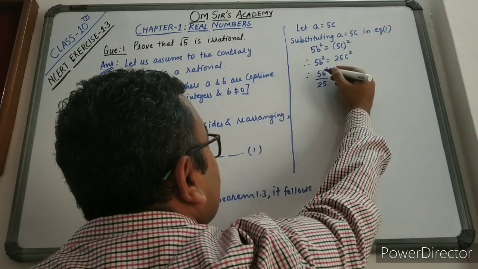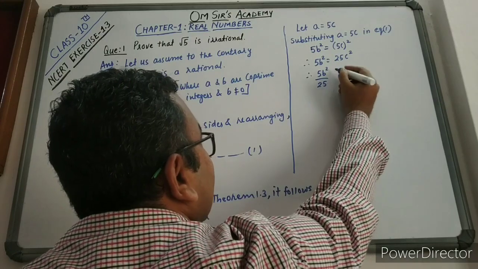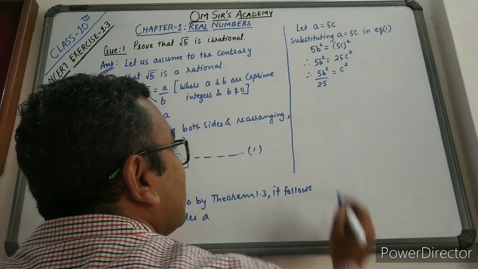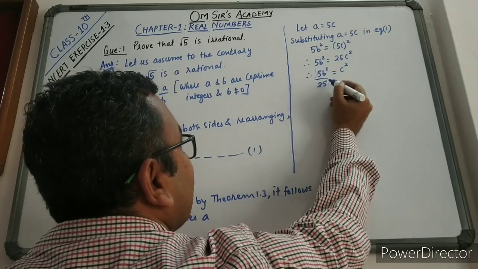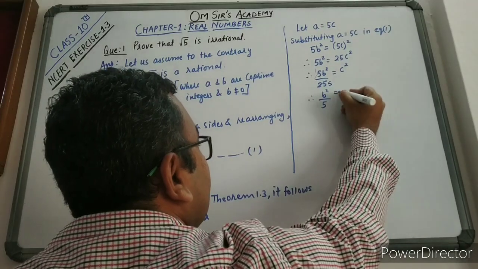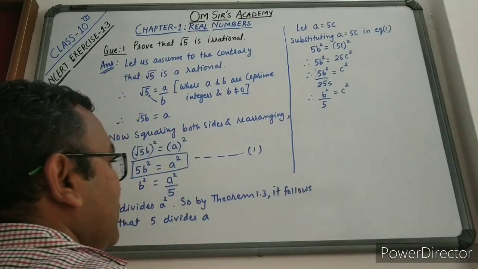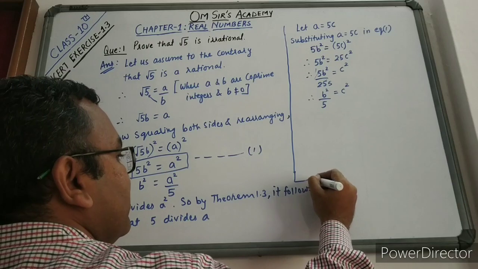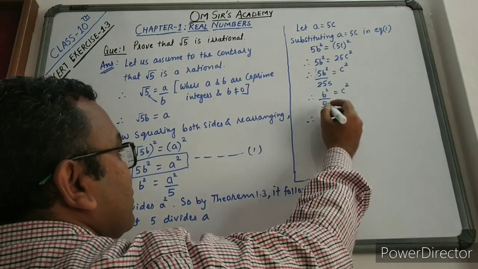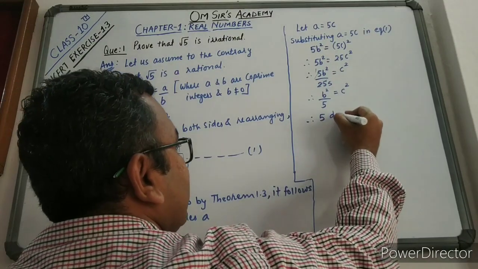So 5b square divided by 25 and c square will be left on the right hand side. 5 ones are 5, 5 fives are 25. So it will be b square divided by 5 equals to c square. Is it clear, friends? So from this, we can say that 5 divides b square.